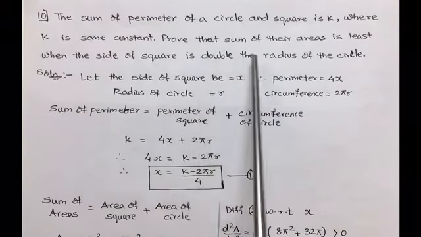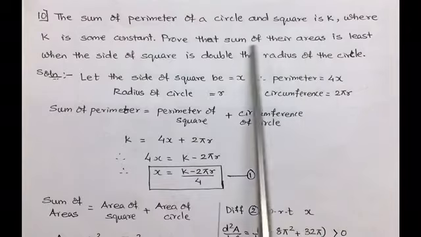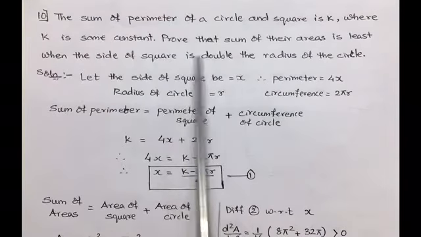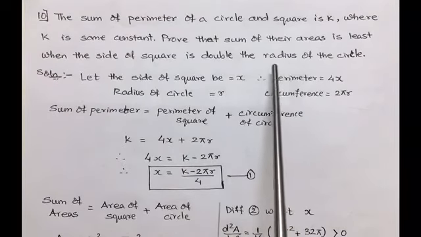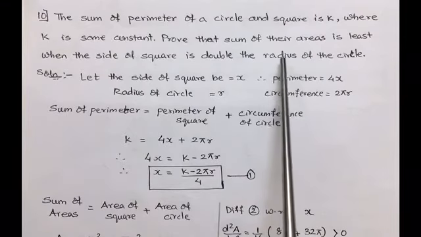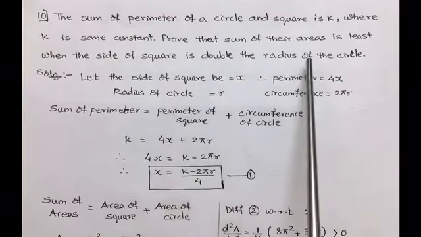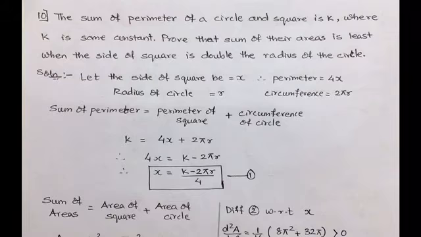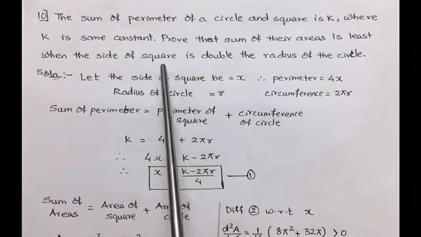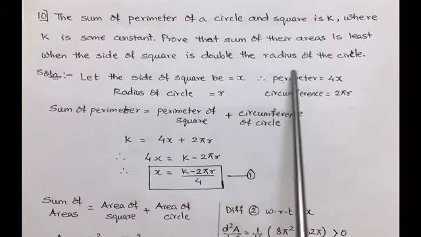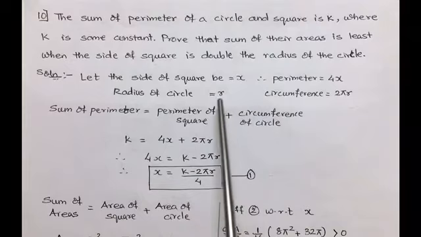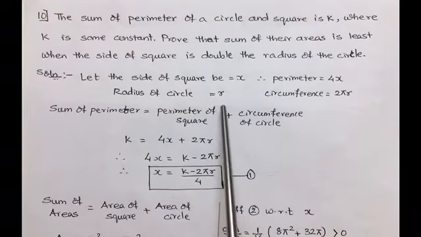Here we have to minimize the total area of the square and circle, and it will be minimized when the side of the square is double the radius of the circle. So if we assume the side of the square to be x, then the final answer we have to prove is x equal to 2r, that is double the radius.